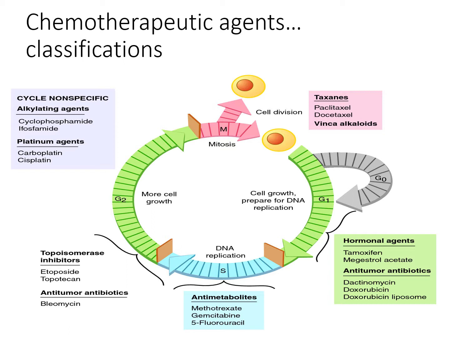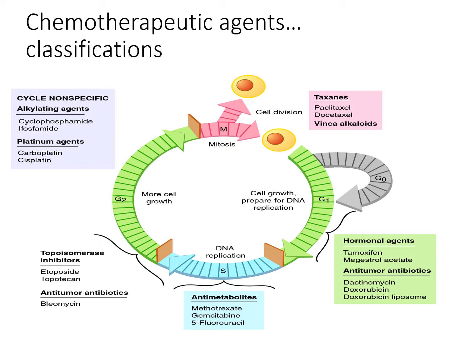So there is the resting phase, in the main picture here, the one that looks like a wheel, and then you get to the G1 phase, which is where the cell grows and prepares for DNA replication. In the S phase, the DNA multiplies and the cell starts dividing. Then in the G2 phase, the cell grows a little bit more. And in the M phase, the mitosis phase, it divides into two or more cells.